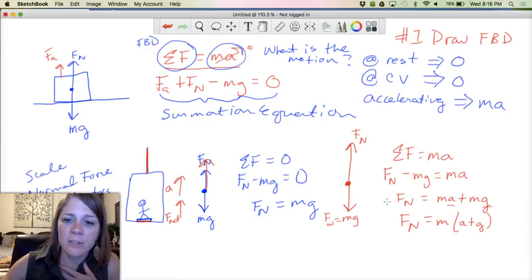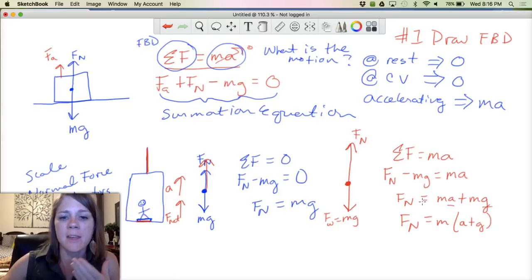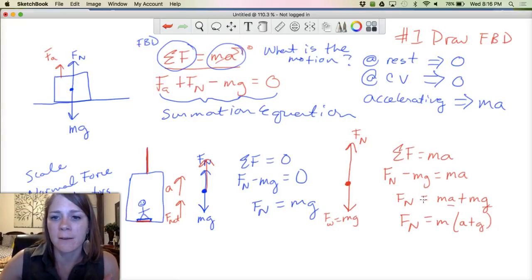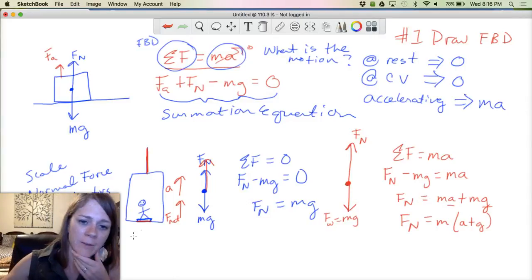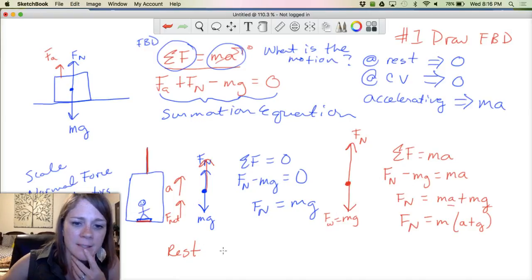However, in the reverse situation, if that elevator begins to slow down, because if I speed up and then I can go to a constant velocity, then I can slow down to come back to rest. So if I start at rest in the elevator and I accelerate positively upwards, then I'm going to move upwards.